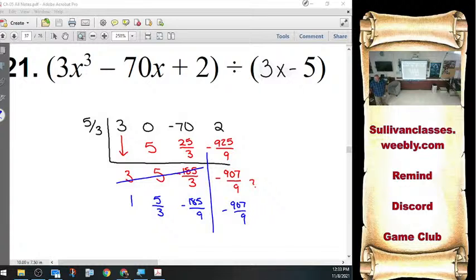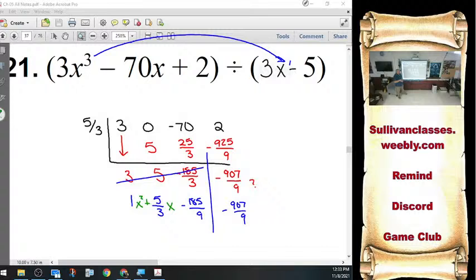Even if we don't like it, we can get there. So I took a cubic and divided it by a linear. My result should be a quadratic. So I put an x squared here, an x here, a constant here. The question is, what do I do with that remainder? What do we always do with the remainder?